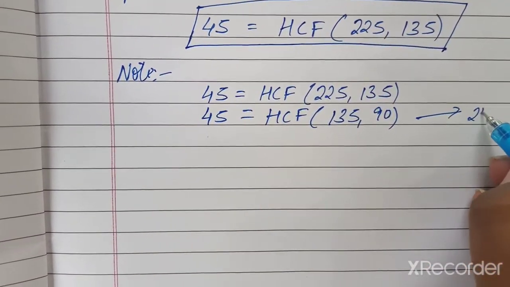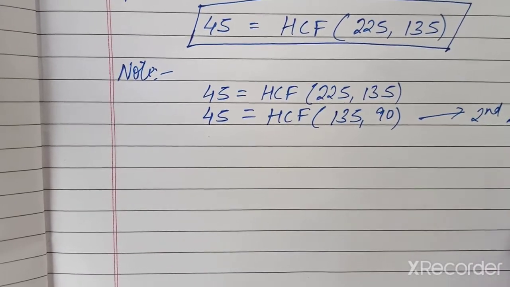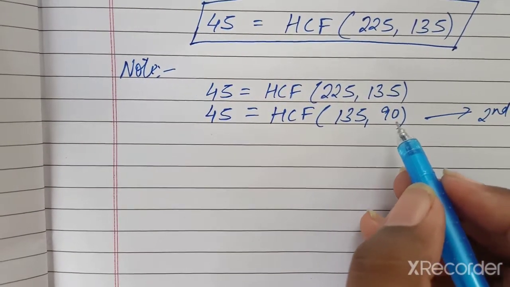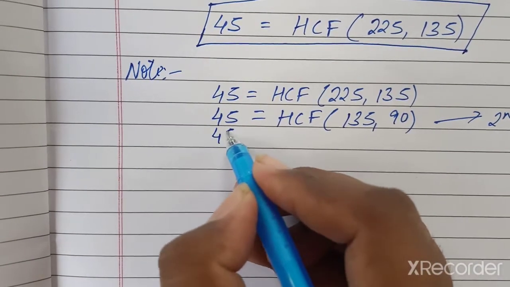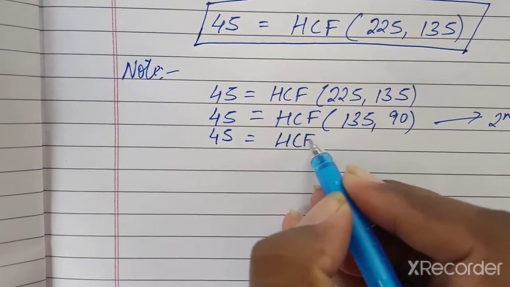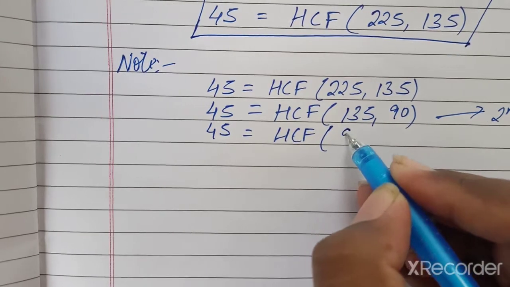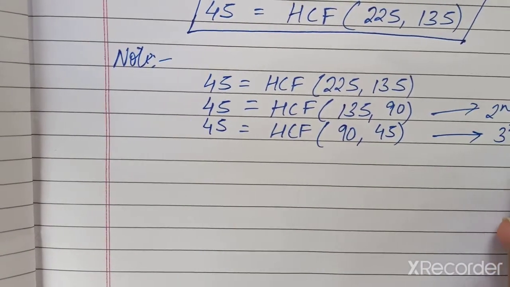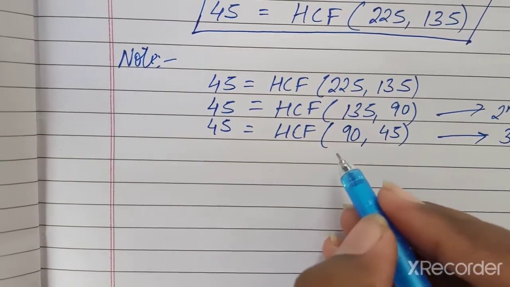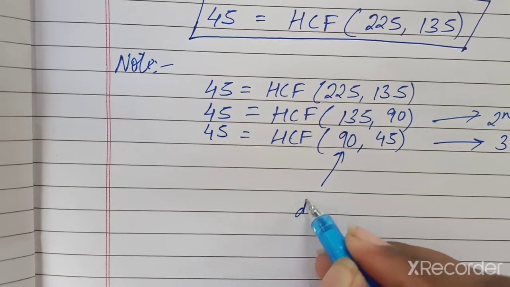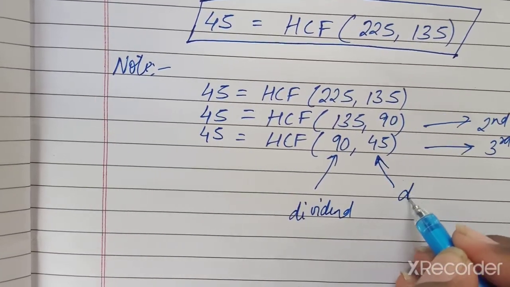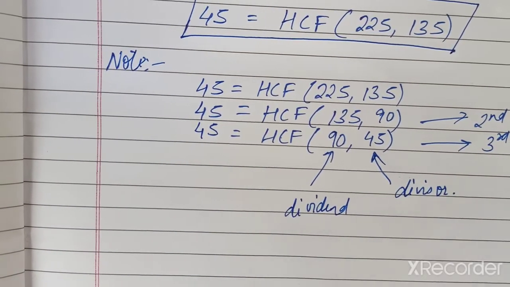This we have taken from the second step, and 135 and 90 are the dividend and divisor of that step. Again, 45 is also the HCF of 90 and 45. This we have taken from the third step, and this 90 is particularly the dividend and 45 is the divisor of that respective step.